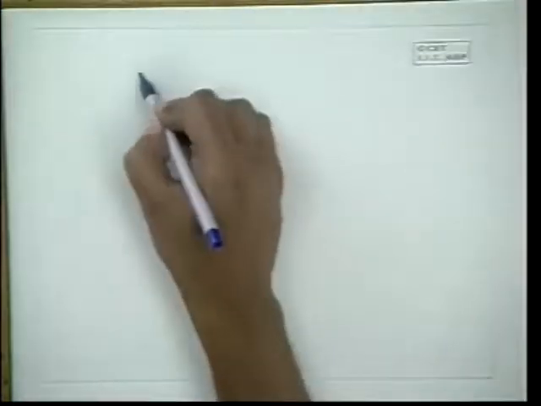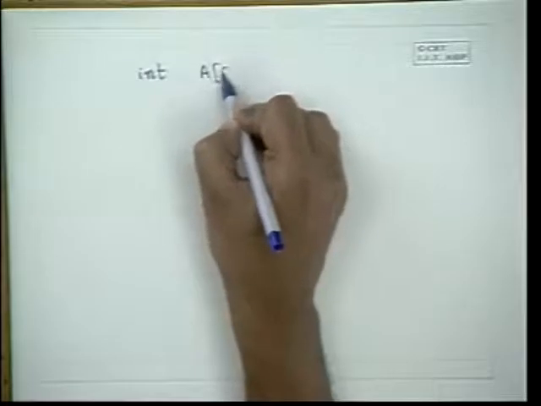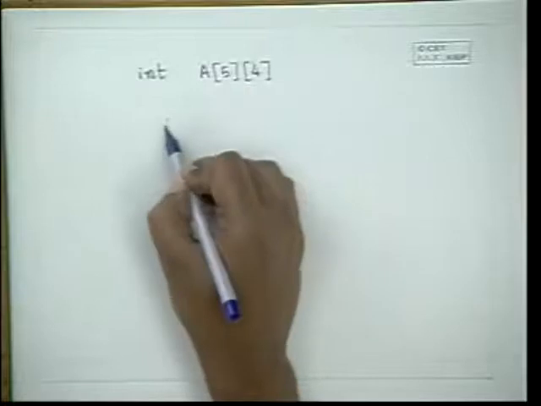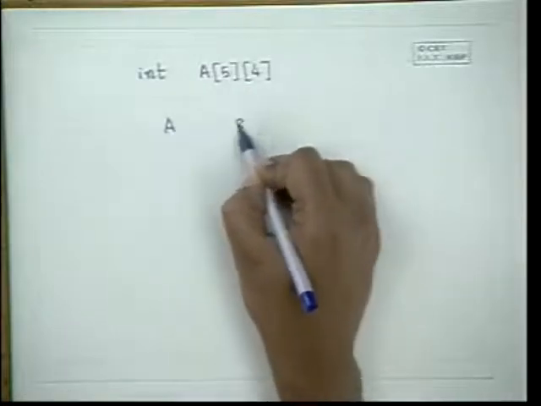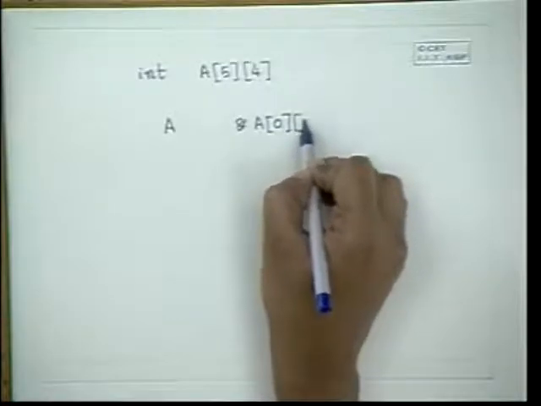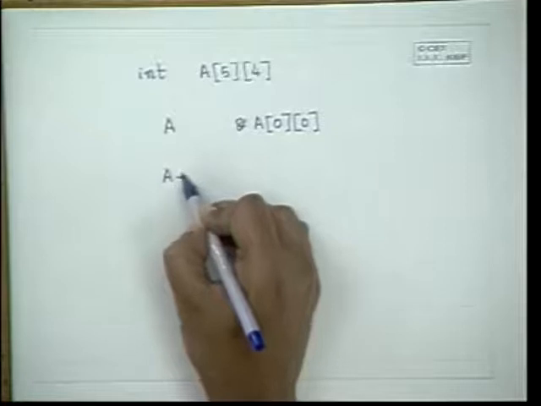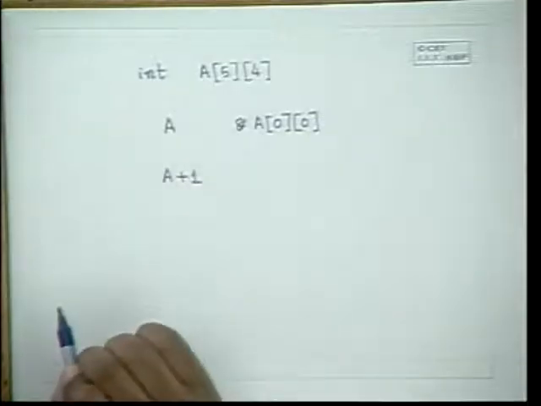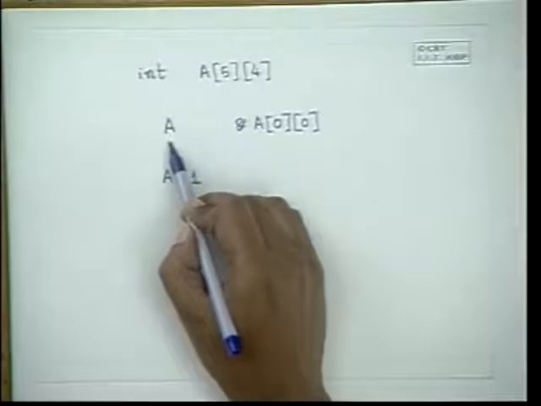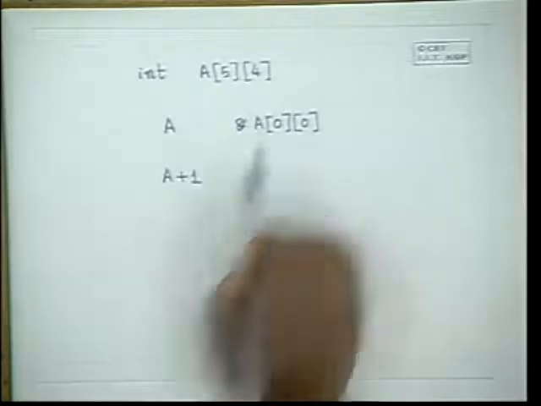Coming to 2-dimensional arrays. A is the same as &A[0]. What is A? What is A plus 1?